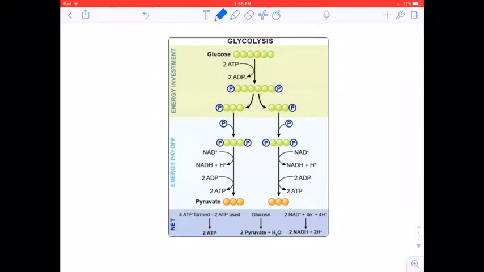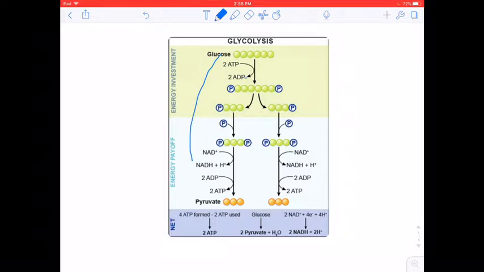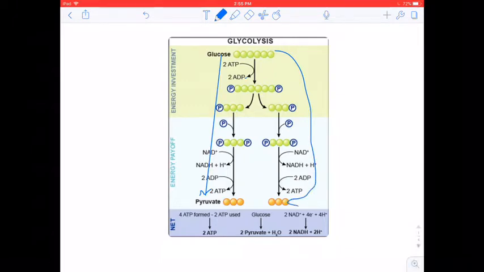In glycolysis, one molecule of glucose is broken down into two 3-carbon molecules of pyruvate or pyruvic acid. This releases 4 molecules of ATP.